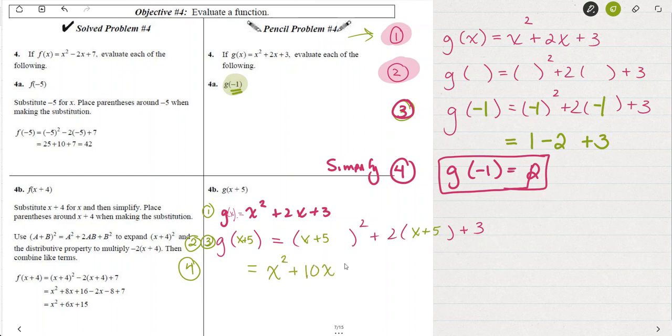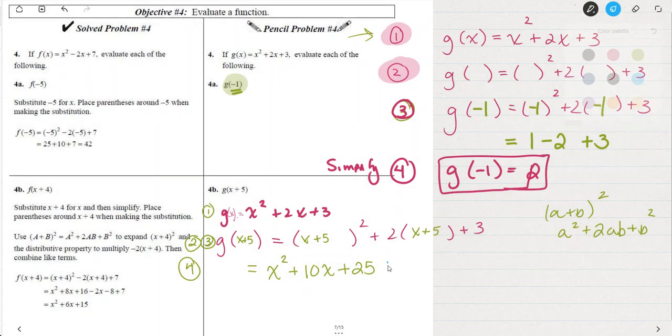I'm going to use a special binomial pattern, and remembering that a plus b squared is always a squared plus twice the product of ab plus b squared. If you're familiar with that pattern, you could use that shortcut also.